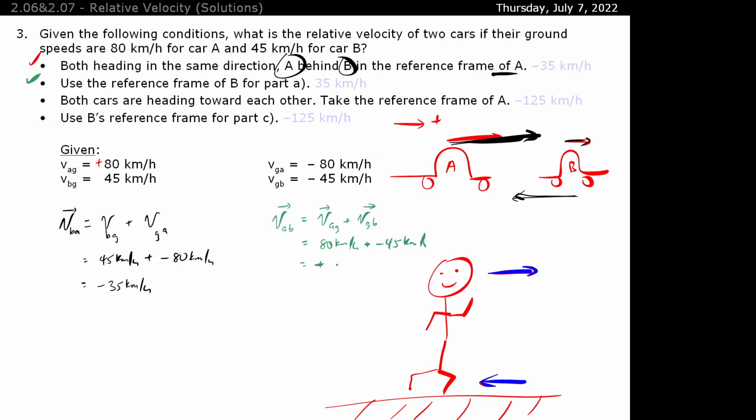That will give us positive 35 kilometers per hour. And this is from the perspective of car B. So as car B is slowly trotting along, car A passes towards it in the positive direction at positive 35 kilometers per hour.